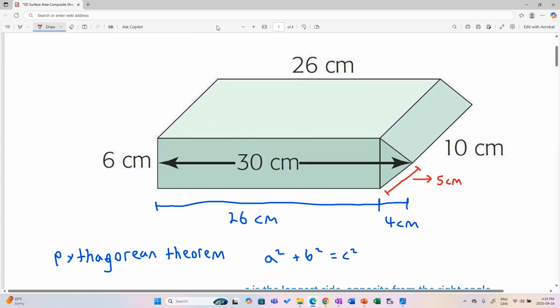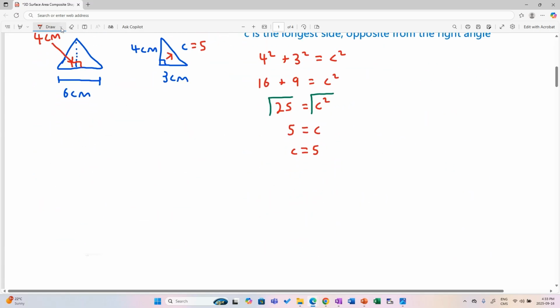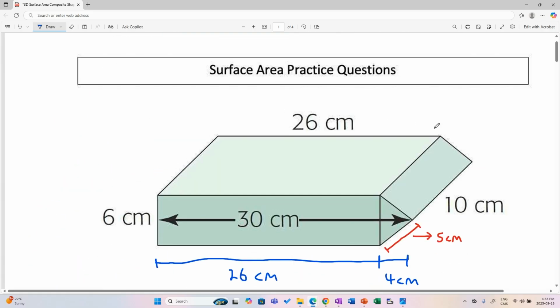Now I'm going to solve for this question. I'm going to start by solving for the top and the bottom. I'm just going to draw a line here to kind of collect my thoughts. I'm going to solve for the top plus the bottom because the top is the same as the bottom in this shape. So the top is going to be 26 times 10.